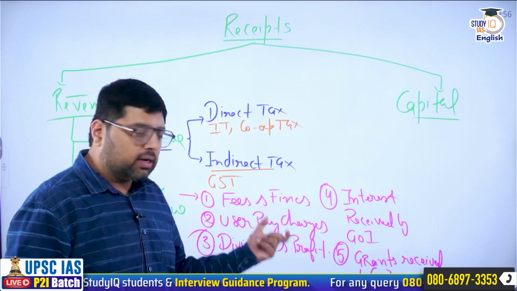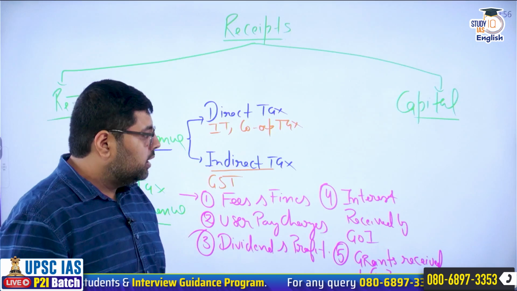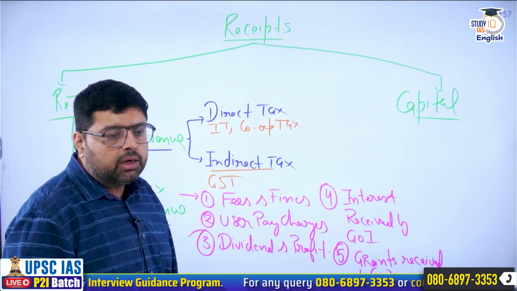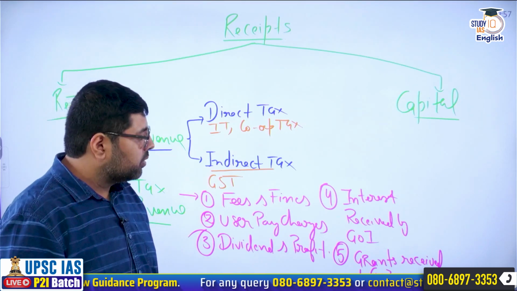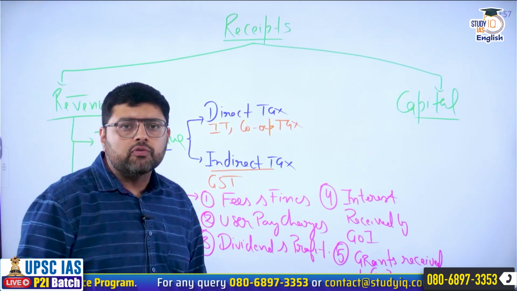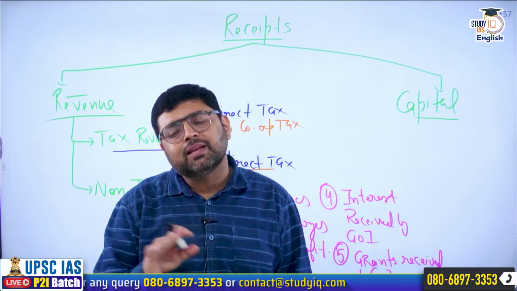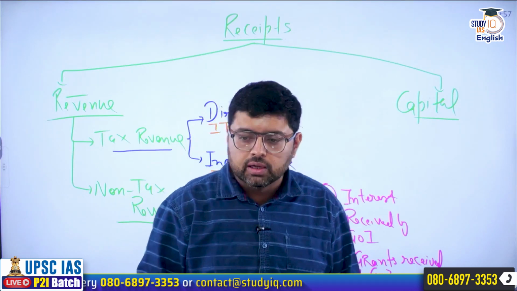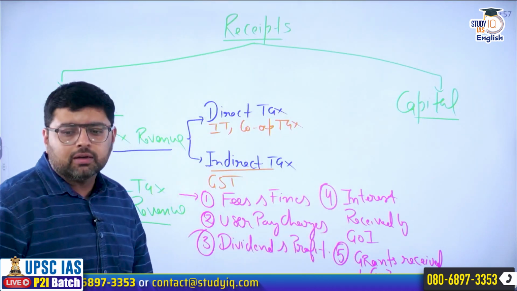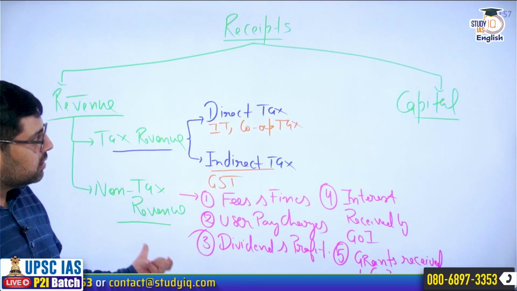Okay, under that it will come. Now interest, similarly interest paid by the Government of India. If you have seen my last video, out of 45 lakh crores, in the range of 10 to 11 lakh crore has been given as interest by the Government of India. Similarly, today we will see the interest received by the government, which is a part of non-tax revenue.